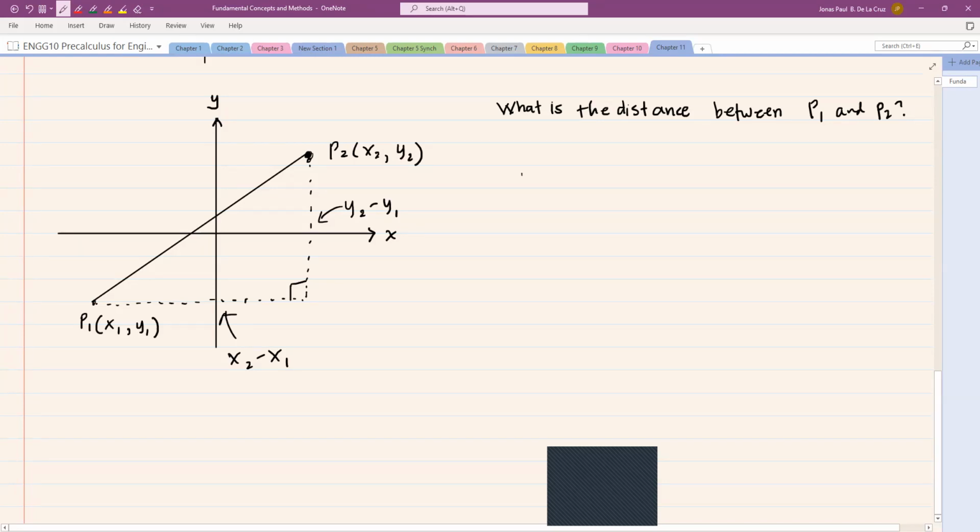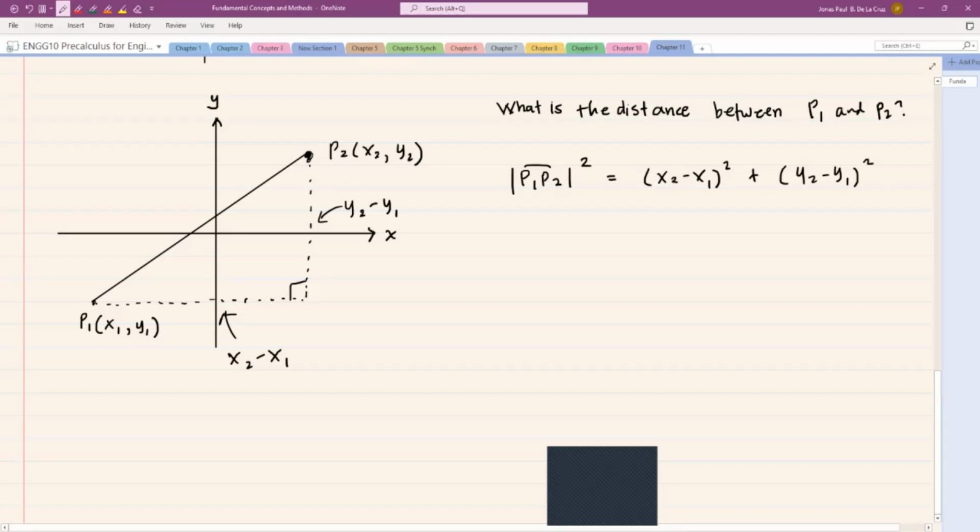So yung distance between P1 and P2, the undirected distance squared, is equal to yung side, kahit naman anong mauna. So, unahin natin yung x, di ba? So, x2 minus x1 squared plus y2 minus y1 squared.